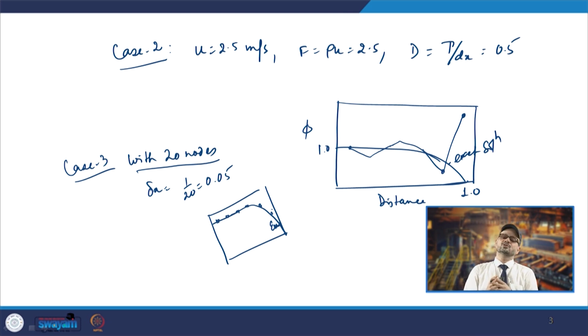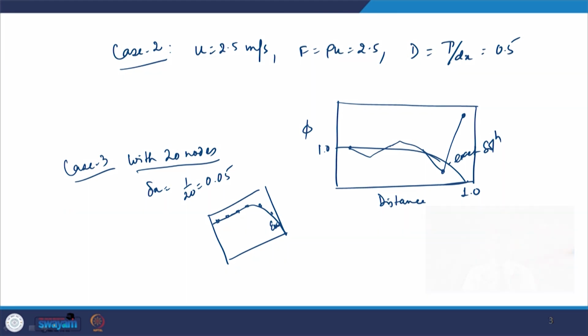That is because the Peclet number, that was F by D, so F into delta x by tau, becomes very small. In that case, even for the higher velocity case of 2.5 meter per second, you are getting a very close result to the analytical results.